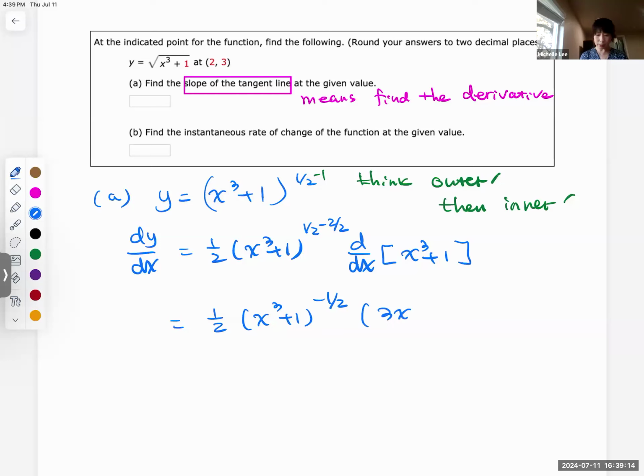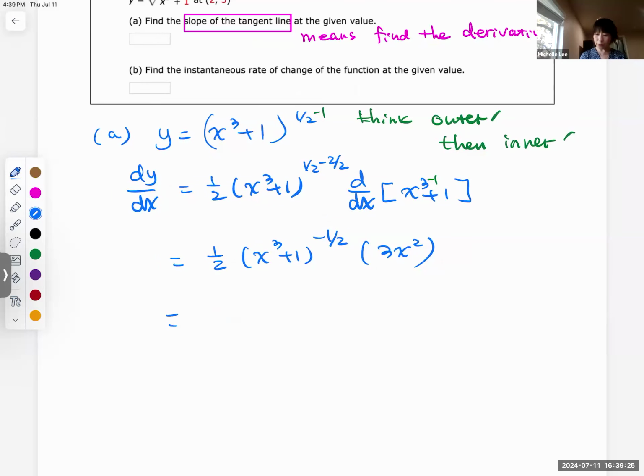So 3x squared, and the 1, we do the derivative, we get 0, right? Now we have 3/2 x squared and a negative power. So we denote it this way, x squared over, let's denote like a radical, the radical of x cubed plus 1, yeah?